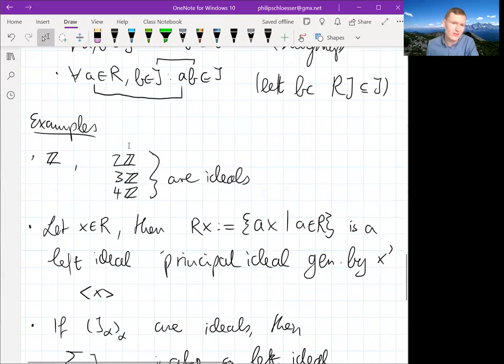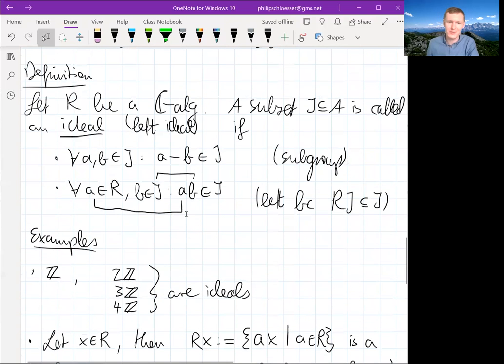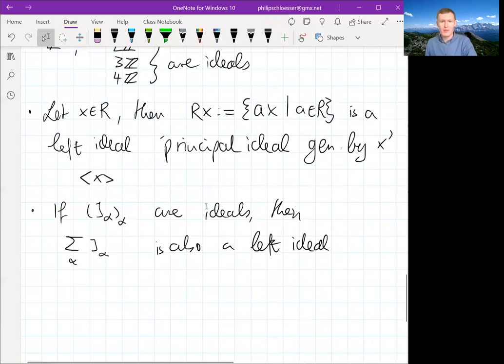Oh yeah, one small thing I should mention. Since we are not only talking about rings but also about C algebras, this condition especially implies that it's also a subspace, a vector subspace.